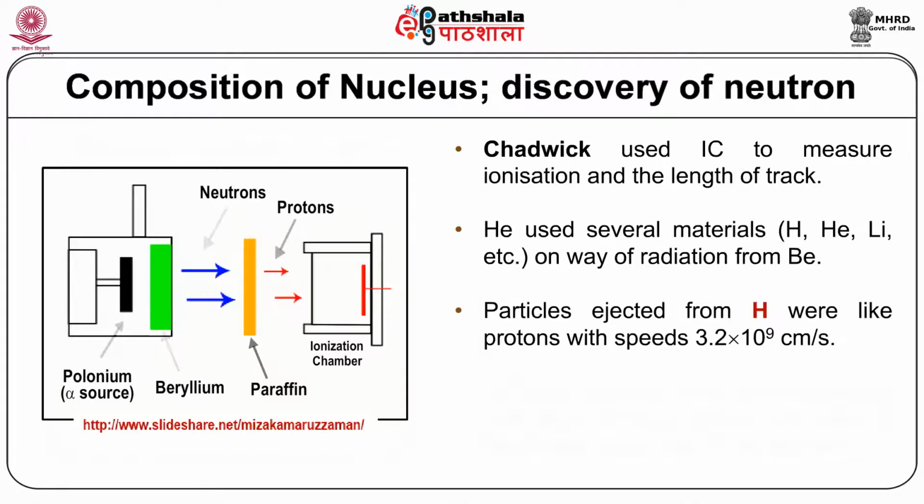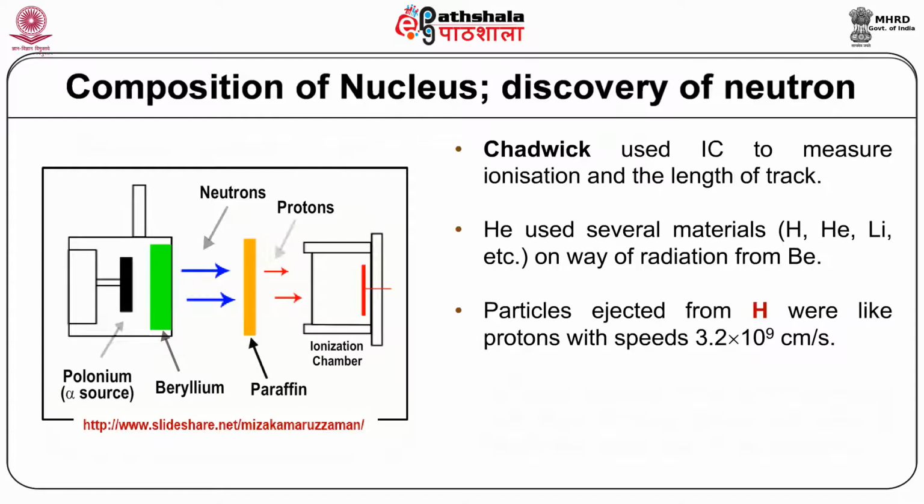The particles ejected from hydrogen were protons with a speed of 3.2 × 10^9 centimeters per second. Previously people used paraffin wax all the time, but Chadwick replaced it with several other materials, and in that process he found that the particles ejected from hydrogen were protons with a speed of 3.2 × 10^9 centimeters per second.